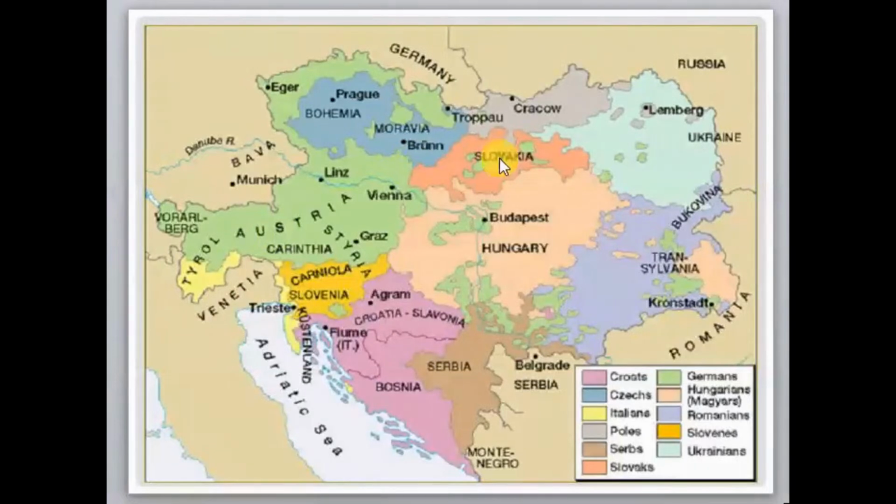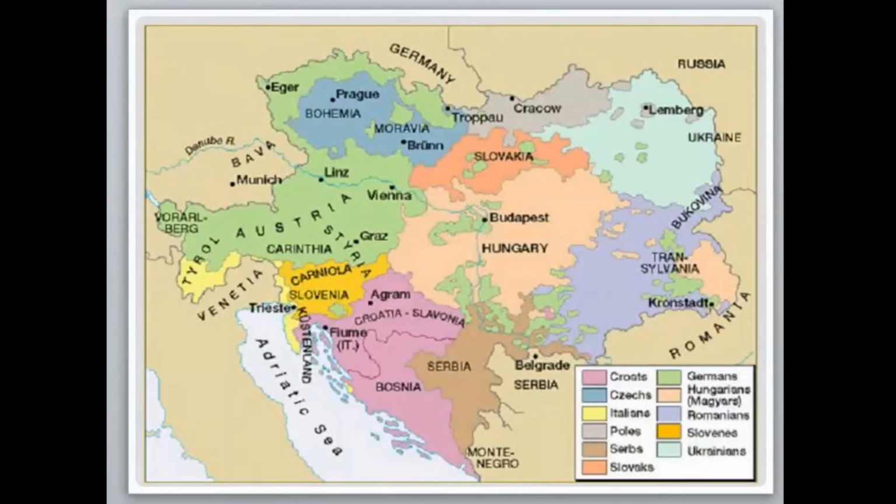Look at this Habsburg Empire map. It ruled over Austria-Hungary. This empire was a patchwork of many different regions and peoples.